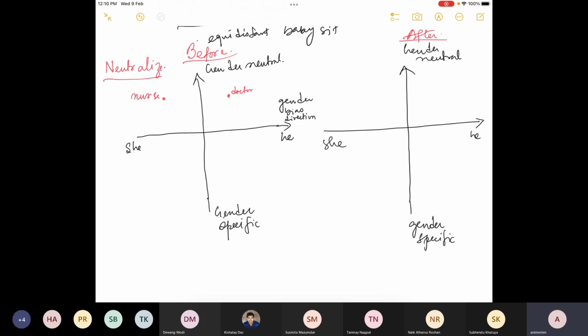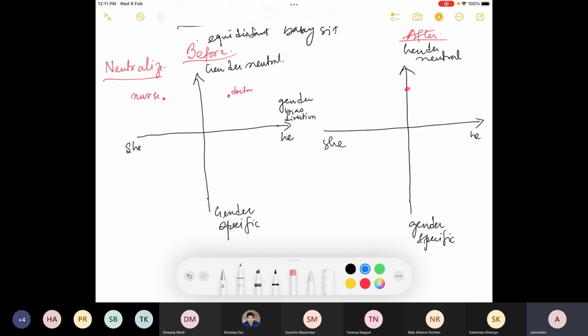And you want these two to no longer have any stereotypicality in it. Okay, they should become gender neutral. So where should these points lie after neutralization? On the y-axis. On the y-axis. Very good. And in this quadrant, right?